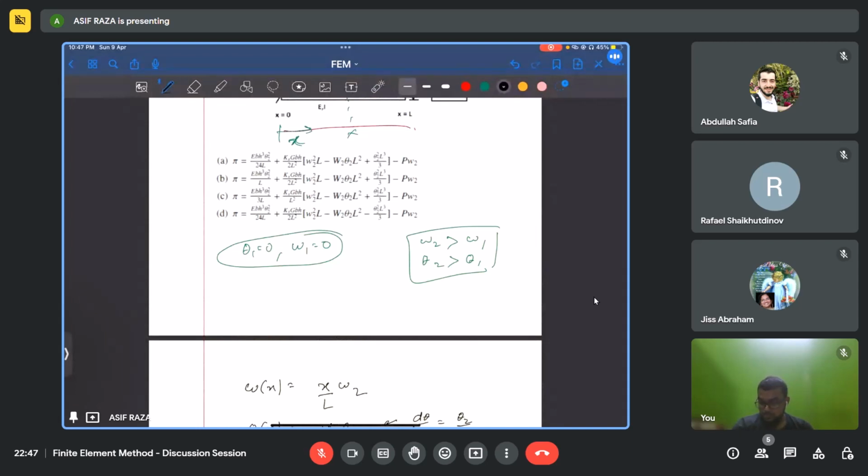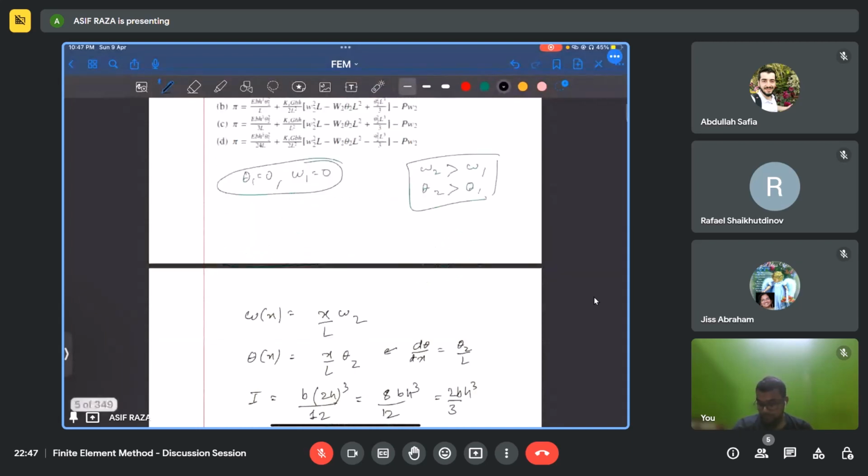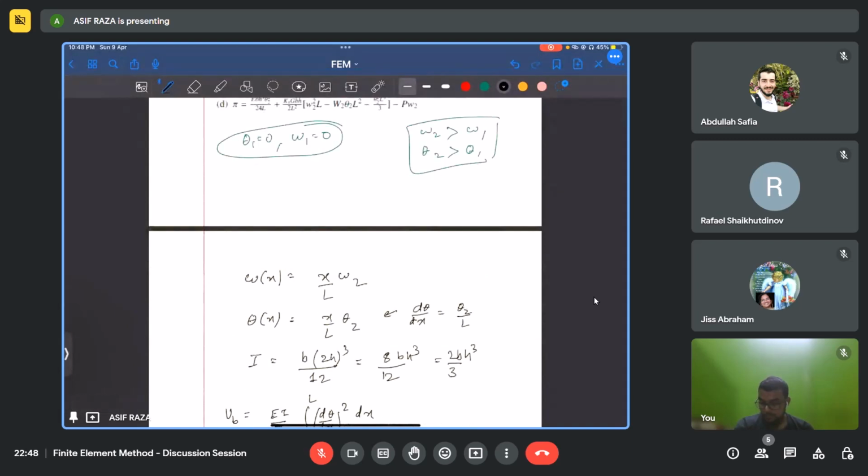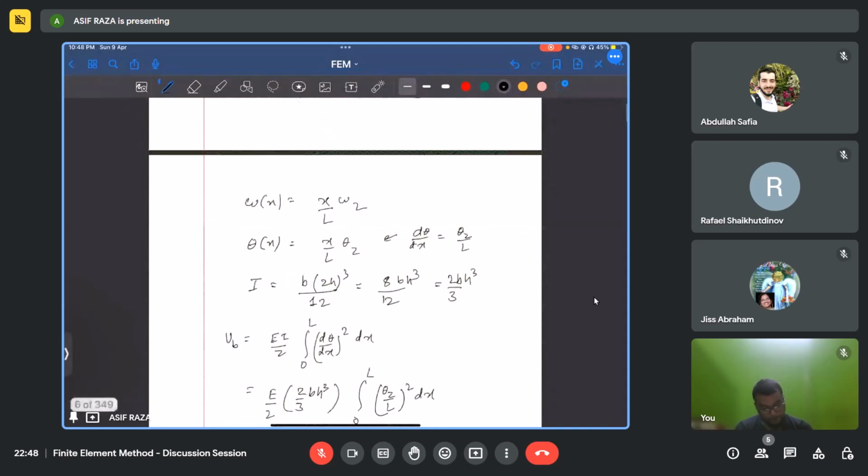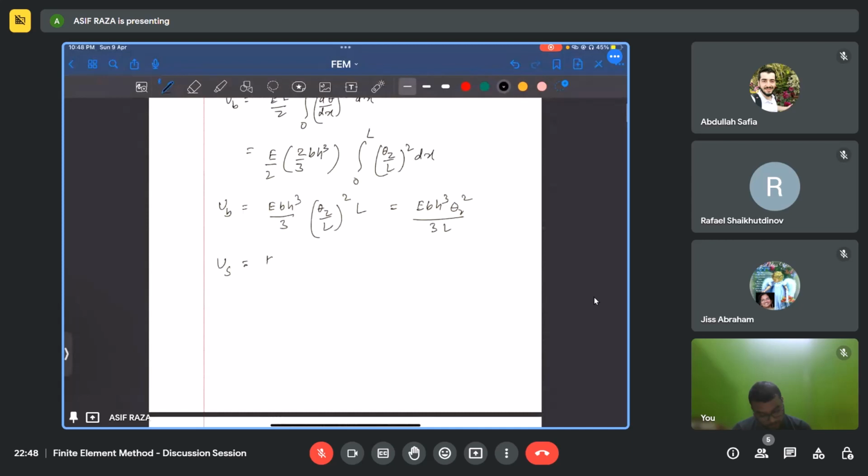So it will be equal to Ks GA by 2, integral 0 to L of (dW by dx minus theta) square dx.